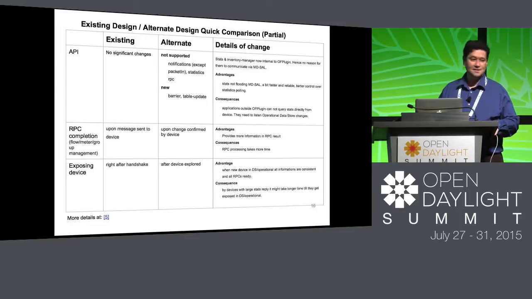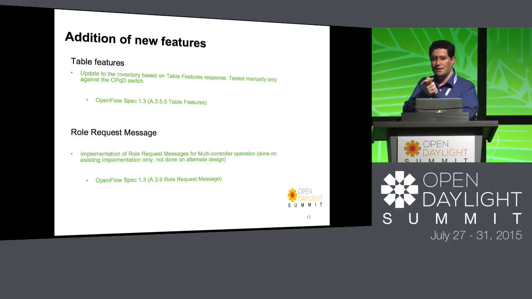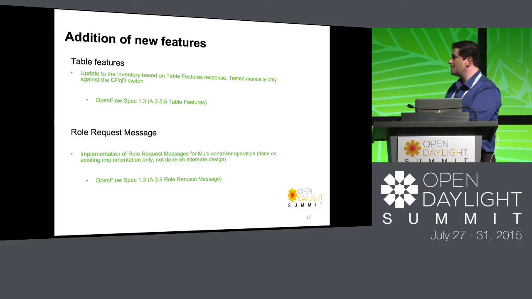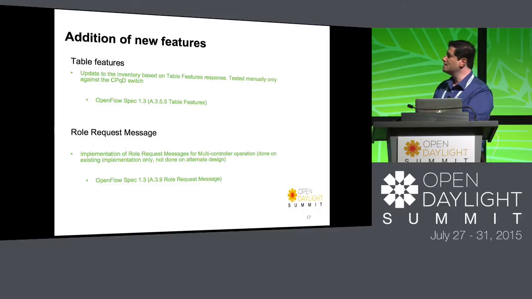This is actually a partial list of things which have been changed. As for the new features I mentioned earlier in response to one of the questions: the table features update to the inventory based on the table features response, and empty body table features. This has been tested only against the CPQ switch.